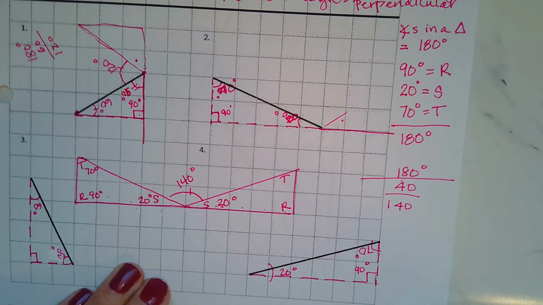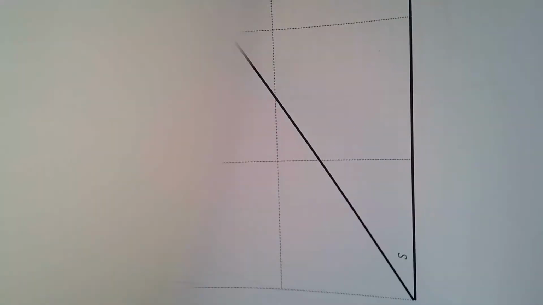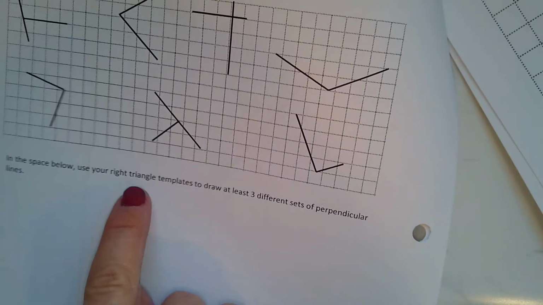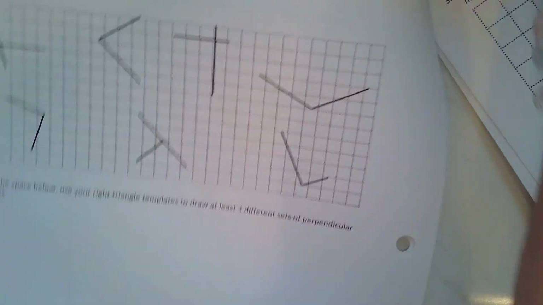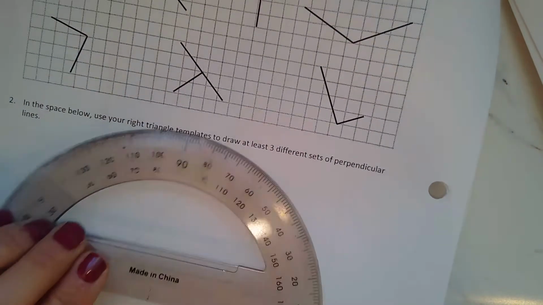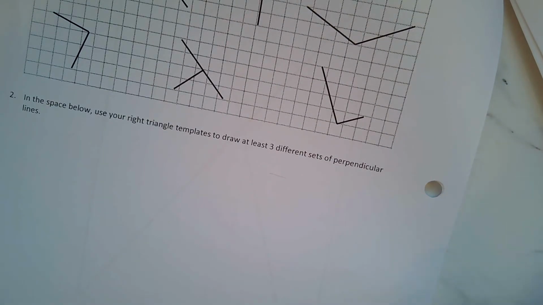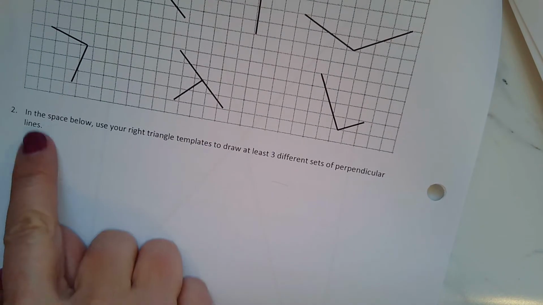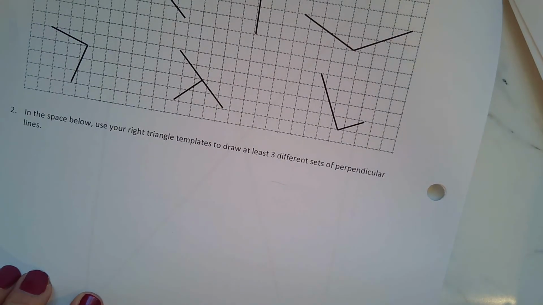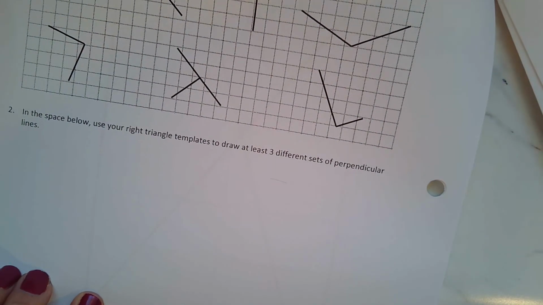So our next, you're going to go ahead, you don't need to use those or cut those out. Here on the problem set, you're going to circle the pairs of segments that are perpendicular. You can use your tools, your set square, or your other tools in order to figure this out and prove it. Circle the pairs of segments that are perpendicular. In the space below, use your right triangle, your set square.